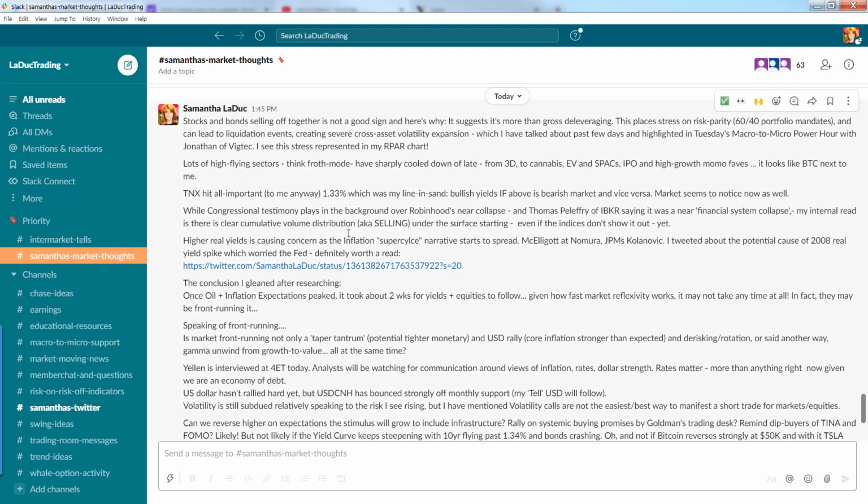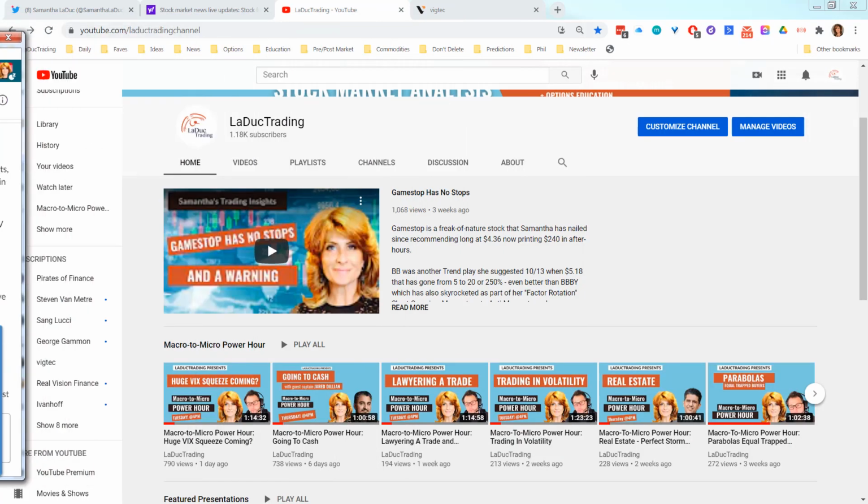So this is my client workspace that I communicate my market thoughts, my intermarket tells, all of my chase, swing, and trend ideas, risk on indicators where I talk and engage with clients, market moving news, macro to micro support, all of that good stuff. That's all from my trading room and my communication with clients.